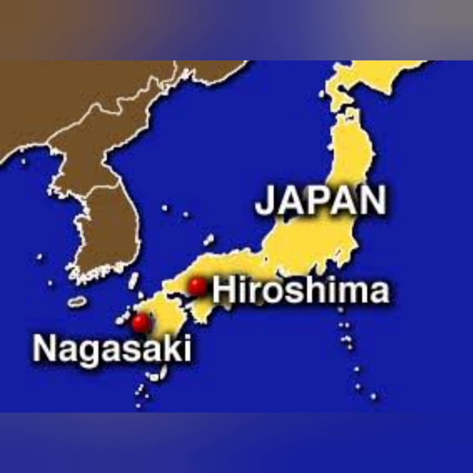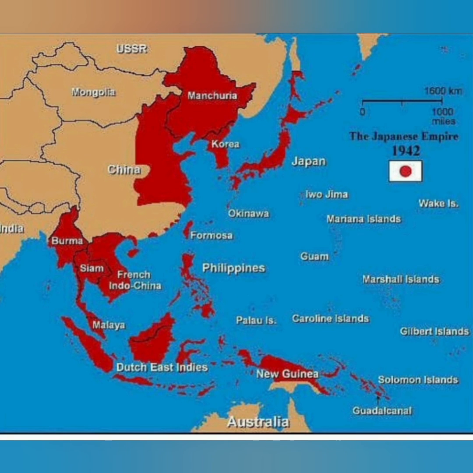As the Japanese still refused to surrender, another bomb was dropped on Nagasaki. Japan ultimately announced surrender on 15th August 1945 and formally signed on 2nd September 1945, which brought an end to World War II.